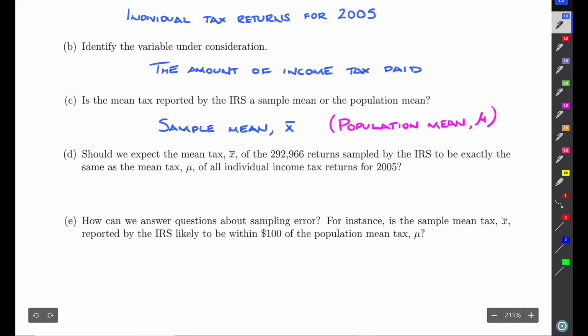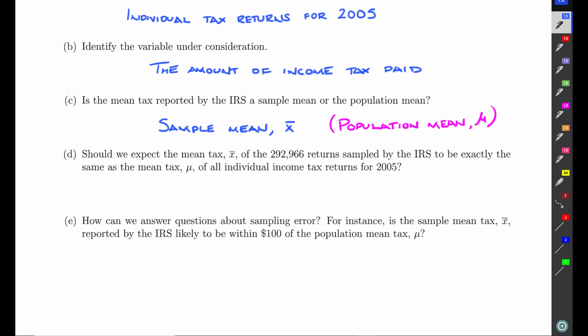Part D, should we expect the mean tax of the returns sampled by the IRS to be exactly the same as the population mean of all individual tax returns for 2005? Well, in that case, no, we cannot expect it to be exactly the same as the mean. This is a relatively small sample compared to the 130 million returns that they received.